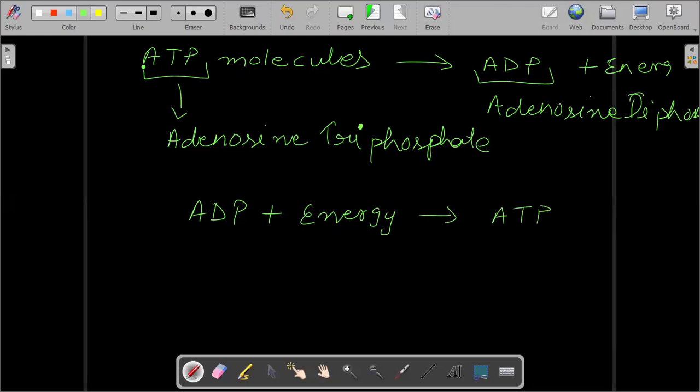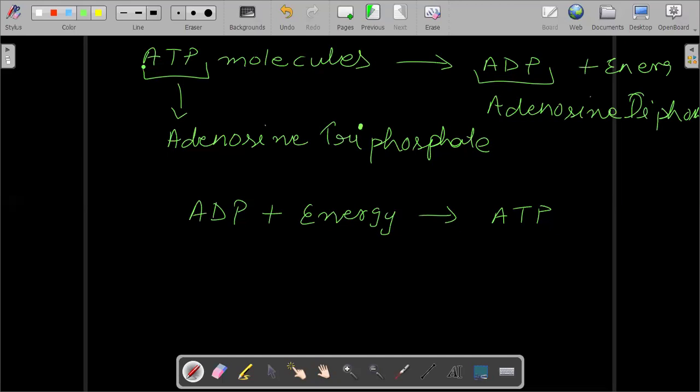So the amount of energy produced is also measured as the amount of ATP molecules created. During a complete aerobic respiration, 34 molecules of ATP are created. And during anaerobic respiration, 2 molecules of ATP are created.